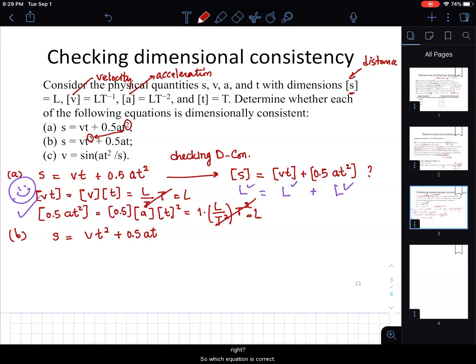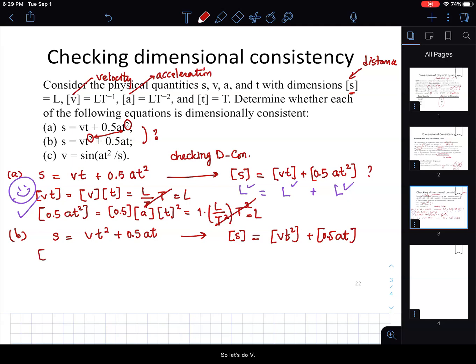So which equation is correct? This is how dimensional consistency helps you check. We need to determine whether the dimension of S is equal to the dimension of VT squared plus the dimension of 0.5 AT.